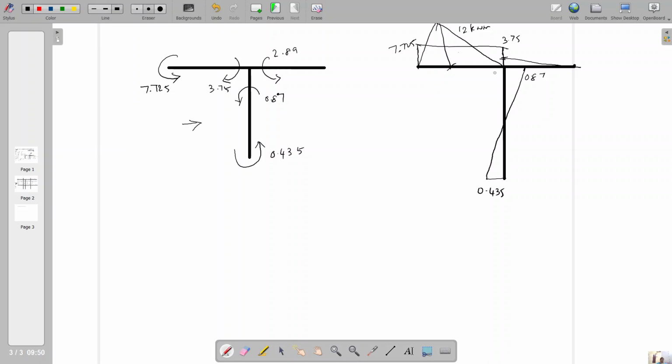Next, the UDL value is 2.25. So consider some rough scale so that you can easily understand the magnitude or variation of bending moment at each span. So 2.25, 3.75, and 12 and 7.725. So this is the BMD for this problem.